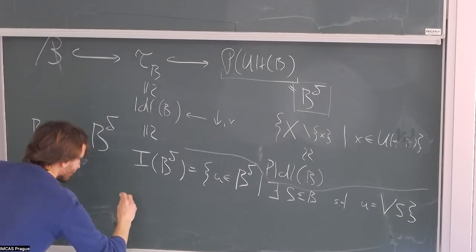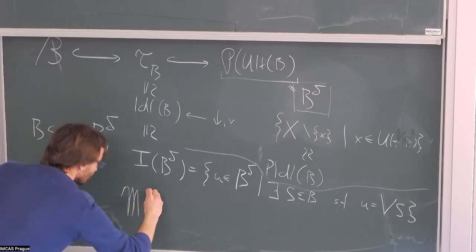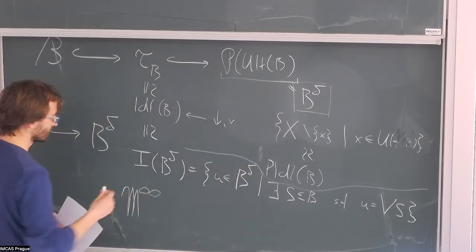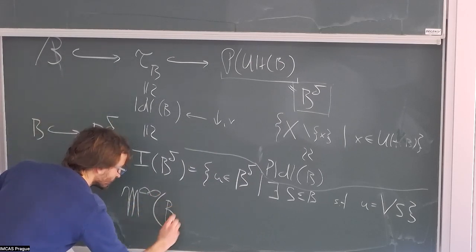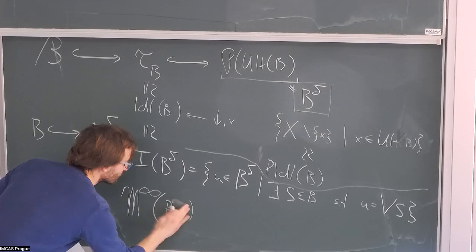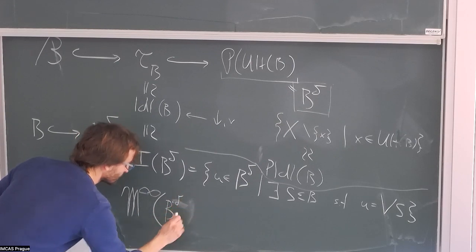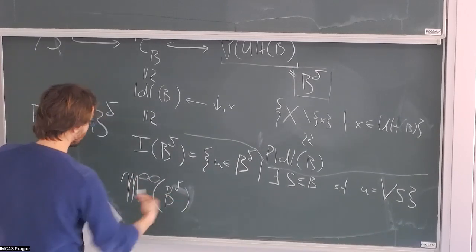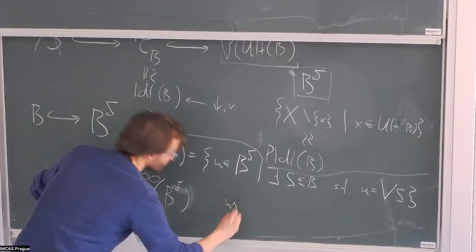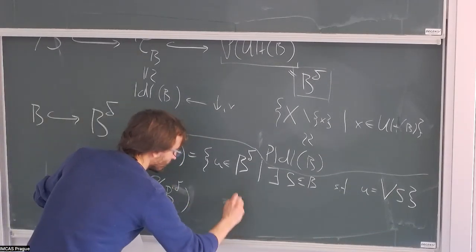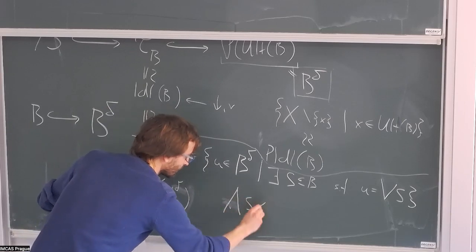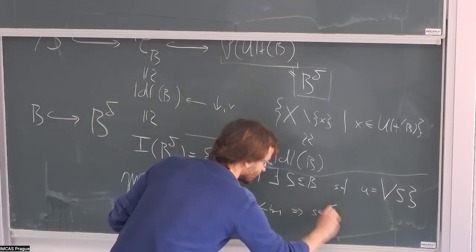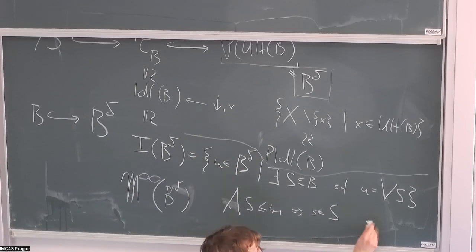And it turns out, we will not do this exercise, but these correspond precisely to what is called completely meet irreducible elements. So I'll just write it like this. And this is a definition that you can define for any complete lattice. So these are elements M, where if you have a big meet of anything below M, then there must be some element S in the set S such that S is less than M.